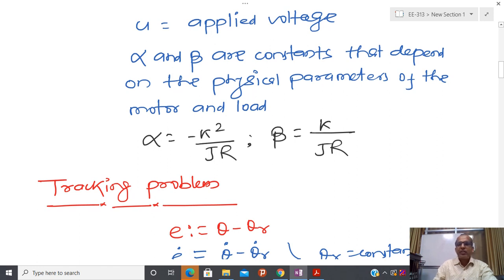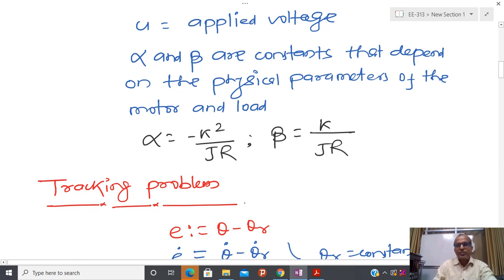In this mathematical model, alpha and beta are defined like k square by j multiplied by r. R is the resistance inside the motor, j is the moment of inertia of the load, and k is some parameter related to the DC motor.